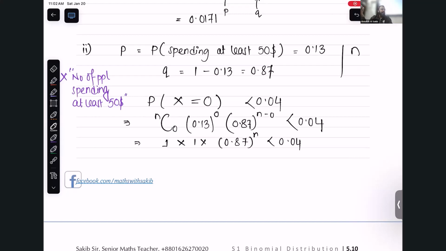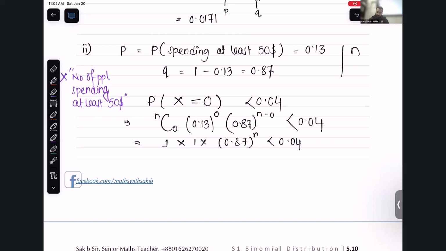Obviously use the calculator. Yes, you can use log. There's no mark here. You can solve the equation, but the problem is that many of them will not understand whether it should be greater than or less than.